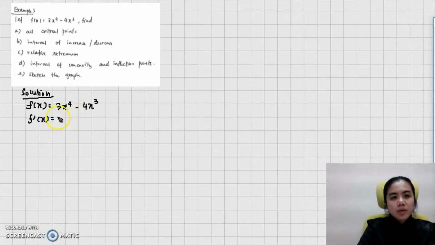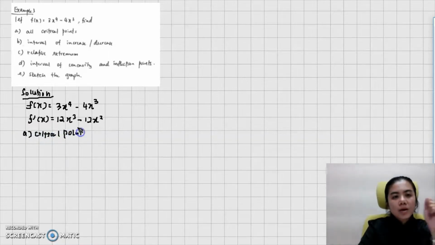So this one we will get 12x cubed minus 12x squared. In order to find your critical point, the first thing that you have to do is let your f prime equal to 0.